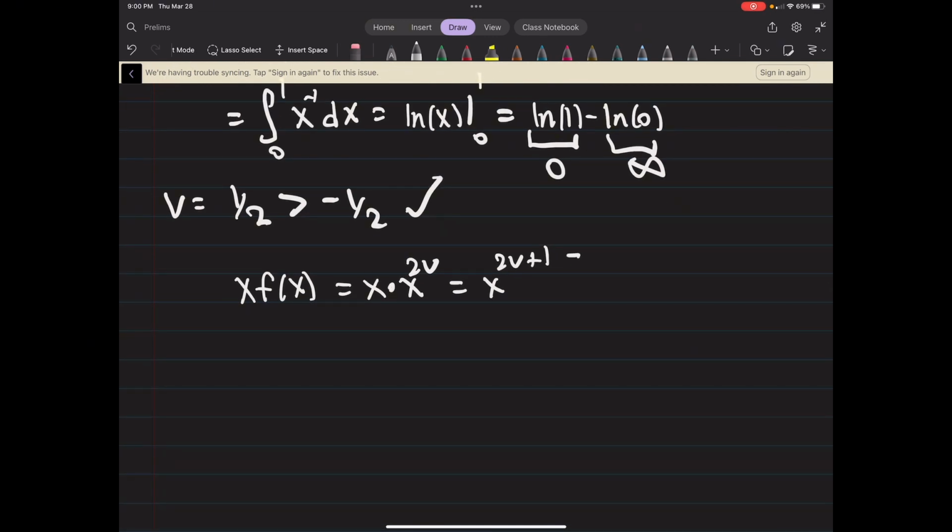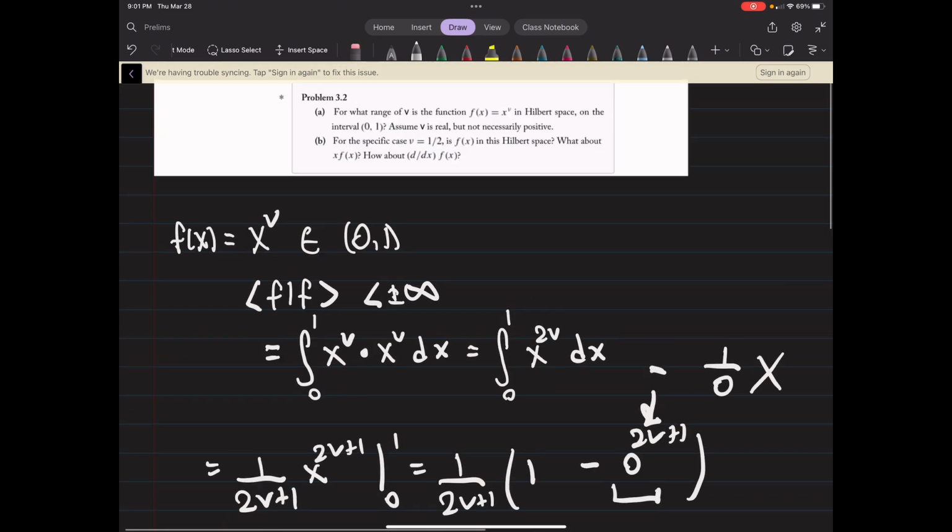So this would just be x to the second power. And in that case, again, that works.